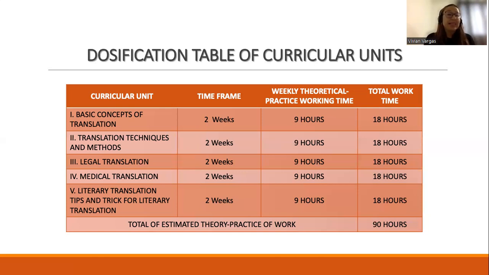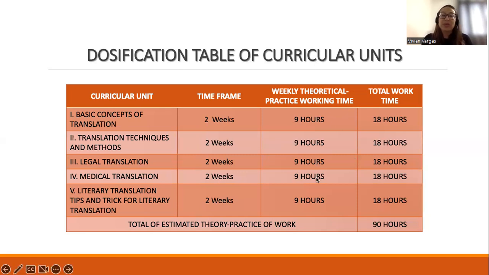And then finally, last but not least, we have tips and tricks for literary translation, which is one of the most difficult ones, I would say, because in legal and medical translation, you have to transmit the information. However, in literary translation, you have to transmit also the feelings, the emotions, okay? So this is going to be very interesting.